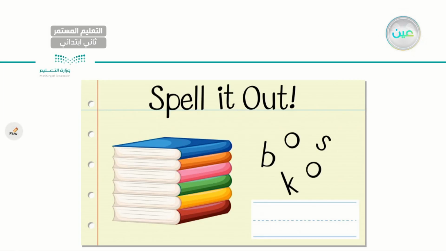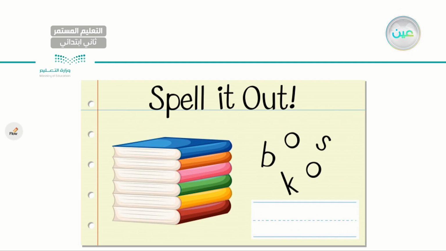Spell it out. As you can see, I have a picture and I have different letters. Actually, I have 5 letters. I have K, O, S, O, and B. So what do you think, my dear student? Let's rearrange these letters to come up with a word that describes the picture.